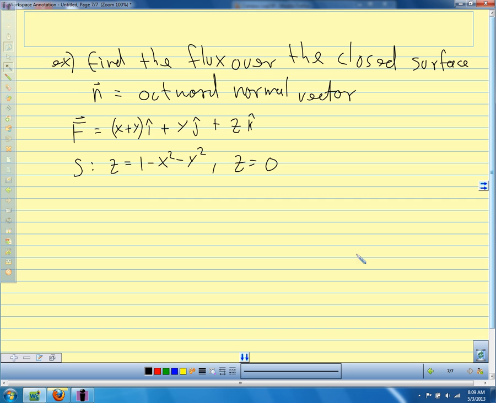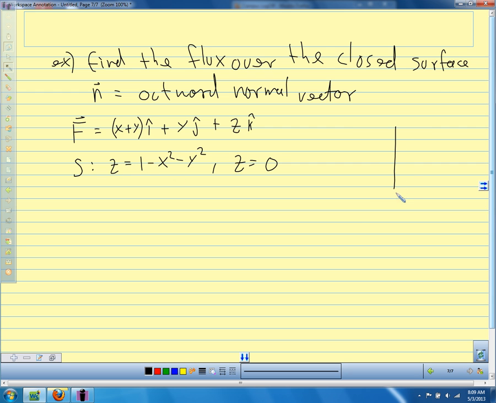So what is this surface going to be? Is it spherical? No. You're close. Z isn't squared, so it's not spherical, it's parabolic. This is going to be a paraboloid. So I have an inverted paraboloid.